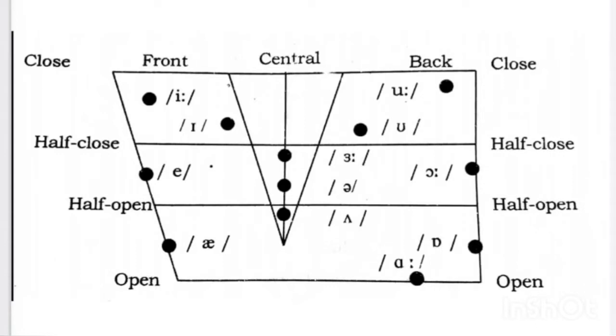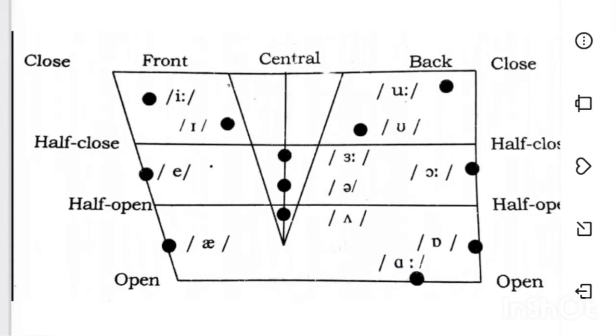You can see here in the diagram the back vowels. From the sign, two dots just like a colon, you can find that these are long vowels.